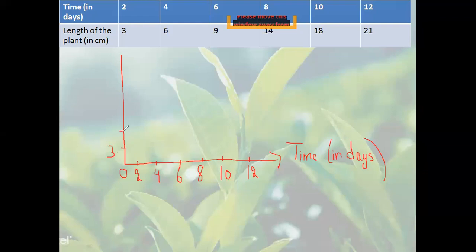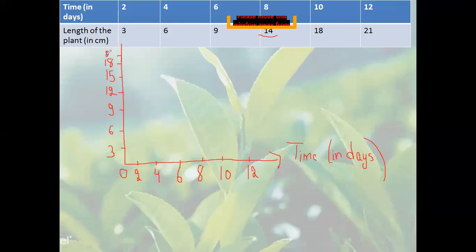So 3, then 6, then 9, then 12. I didn't put 14 immediately because I'm moving 3 by 3: 3, 6, 9, 12, then 15, then 18, and then 21.